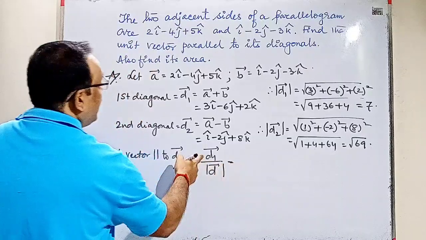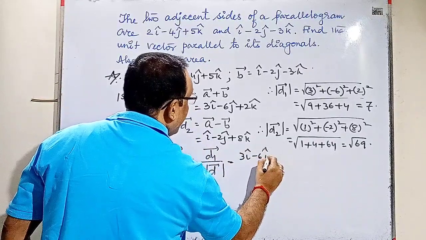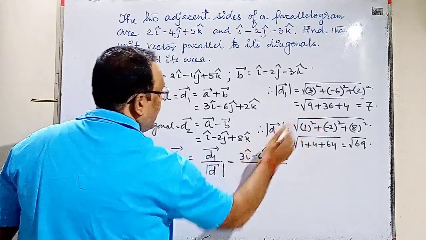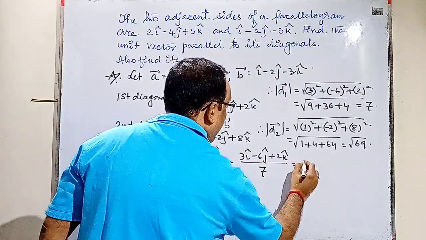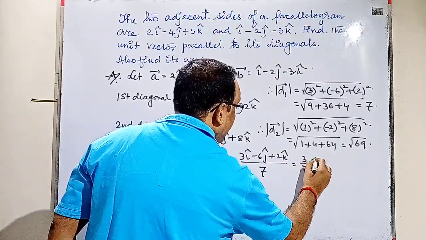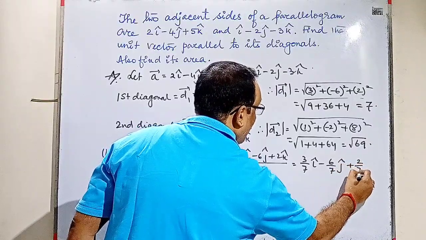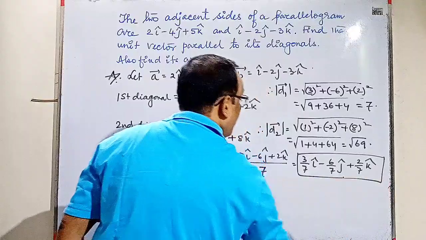So vector D1 is this, 3i minus 6j plus 2k, and mod D1 is 7. So this will be 3 by 7 i minus 6 by 7 j plus 2 by 7 k. So this is one of my answers.